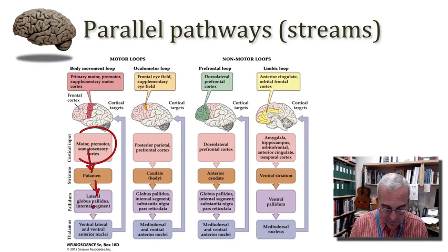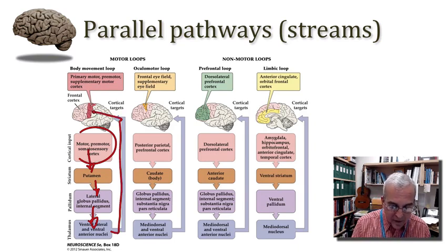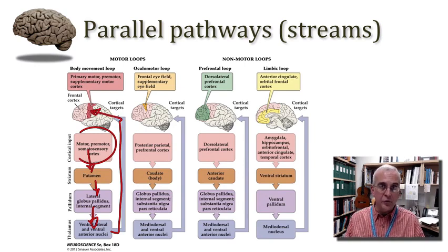The globus pallidus, in turn, projects to the motor thalamus, this ventral anterior ventral lateral complex. And the motor thalamus finally sends signals into the motor cortex that can either trigger the initiation of movement or, depending upon the physiology of the basal ganglia, suppress unwanted movements.